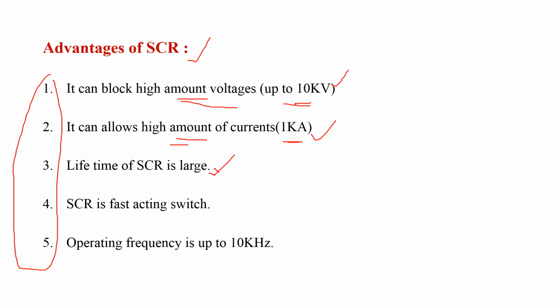SCR is also a fast acting switch, meaning within a fraction of a second SCR can turn on and turn off. And the operating frequency of SCR is very high, up to 10 kHz. These are some of the advantages of SCR.